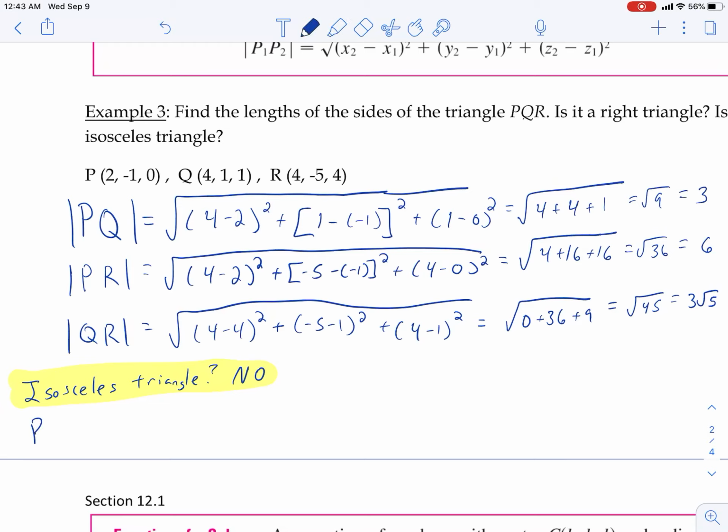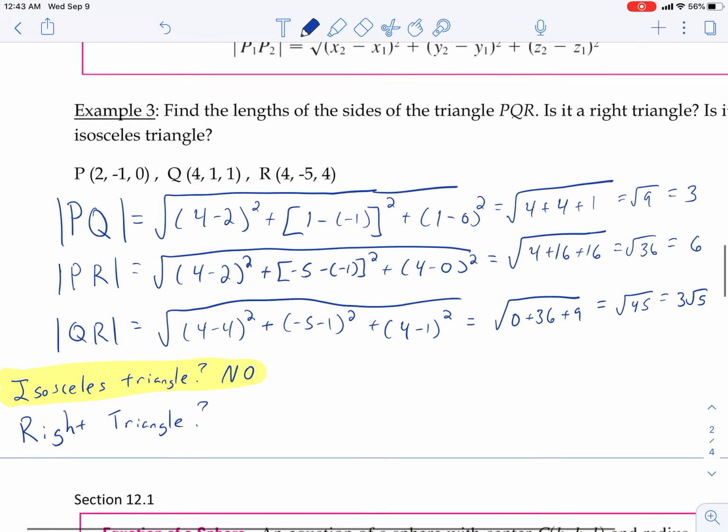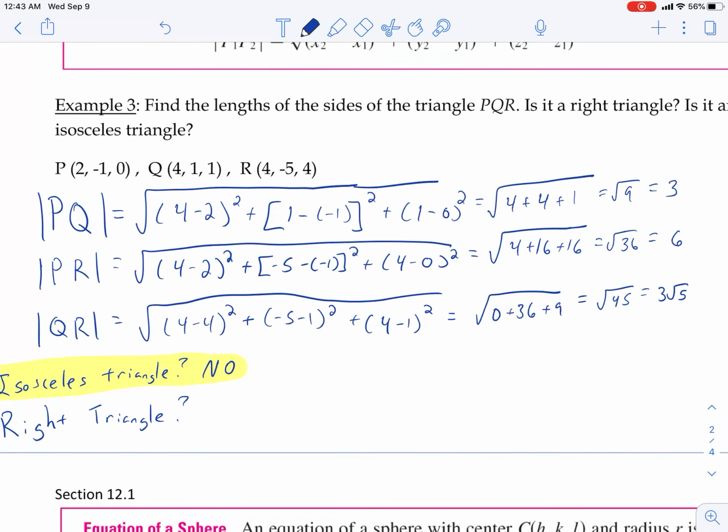And now we want to determine if it's a right triangle. You probably understand how to figure that out. Does it hold true to the Pythagorean theorem? So we need to determine, what's the largest side? Is it 3, 6, or 3 square roots of 5? Again, it's easier to look at where it was just under the radical without having to simplify it if you're having trouble with that. And so we know that QR is going to be the hypotenuse. It's going to be the longest side. So when we're filling out our Pythagorean theorem, we're going to let QR be the hypotenuse.